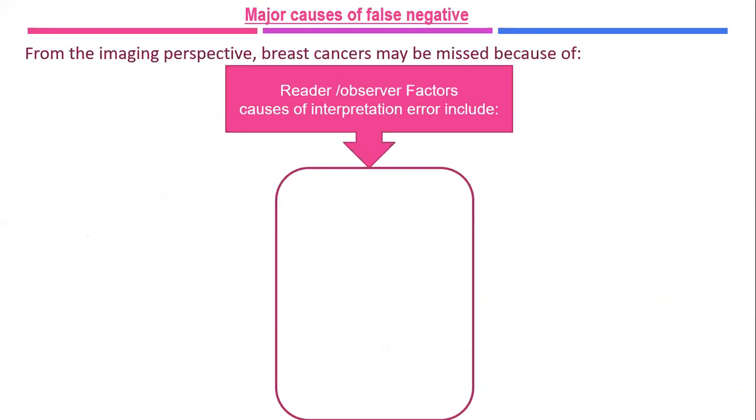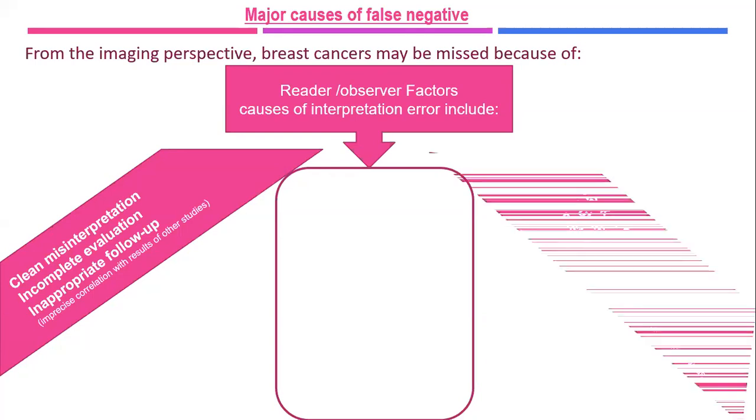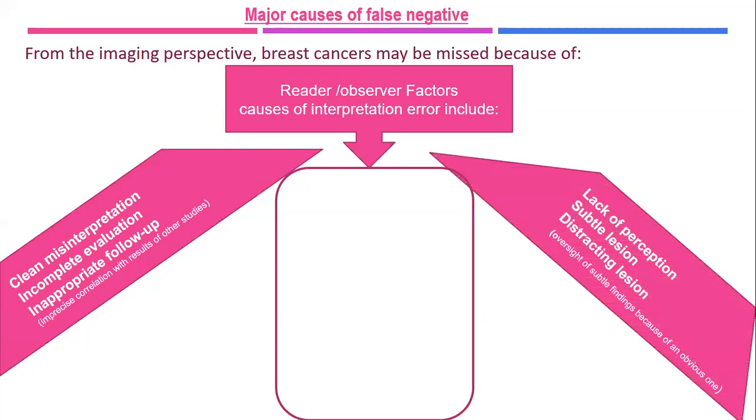Regarding reader or observer factors causing interpretation errors, these are either misinterpretation, incomplete evaluation, or inappropriate follow-up due to imprecise correlation with results of other studies, or lack of perception due to subtle lesions or distracting lesions, when you have seen a large benign abnormality that is very obvious, distracting you from visualizing the subtle suspicious findings.